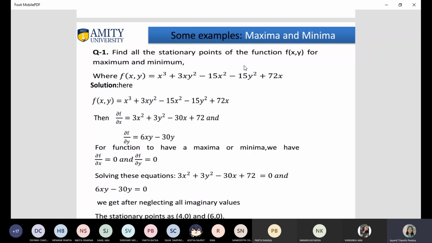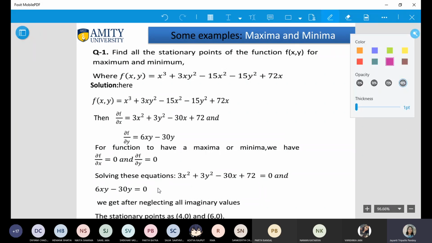How the points are calculated is understood? The thing that you need to remember is you will take only real values. Now this is not so easy to solve. You may find it simple.